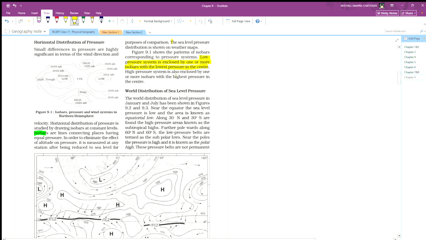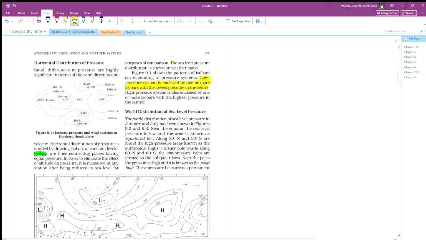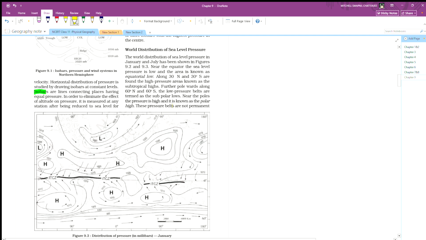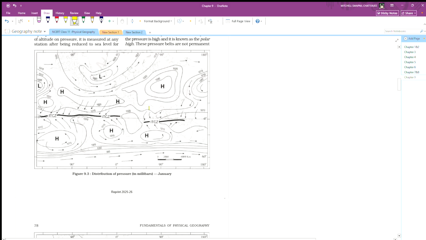A high pressure system is also enclosed by one or more isobars with the highest pressure in the center. Let's see where this is.